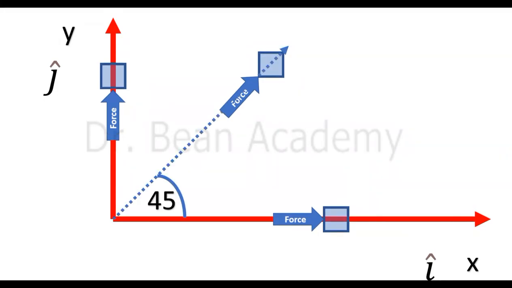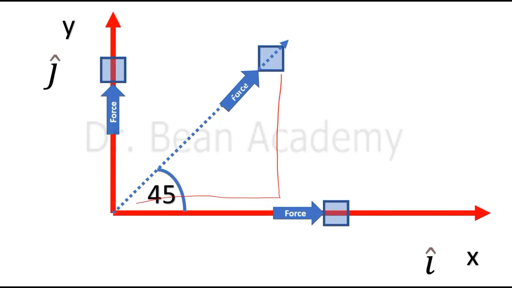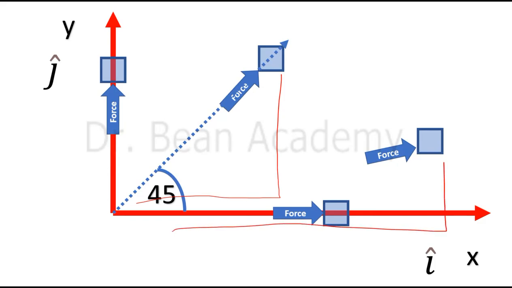For instance, if the force makes an angle of 45 degrees with the horizontal line, the block covers equal distances horizontally and vertically. If the force makes an angle that is less than 45 degrees, the block moves faster horizontally and slower vertically.